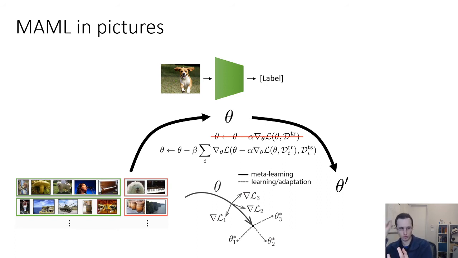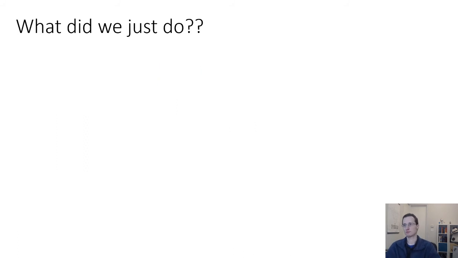So you're moving through this space so that one gradient step from the theta values aligns you as closely as possible to the optimal thetas for each of those tasks. Okay? So at a high level, what this is doing is meta-training the model to fine-tune very well. Very well in the sense that the loss on the corresponding task you just fine-tuned on should be low using its test set.